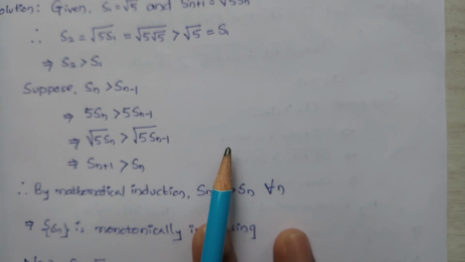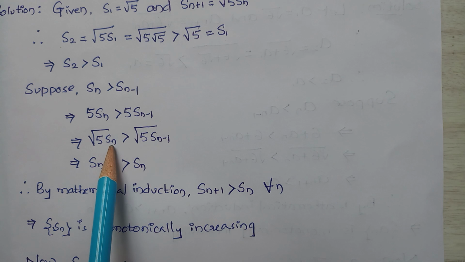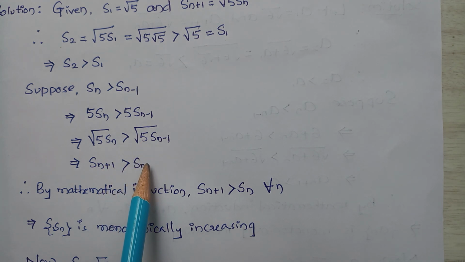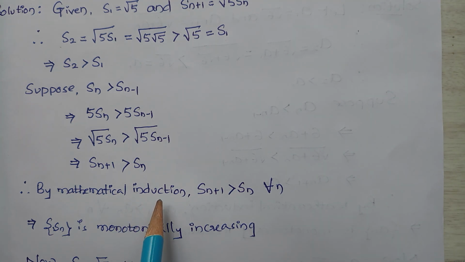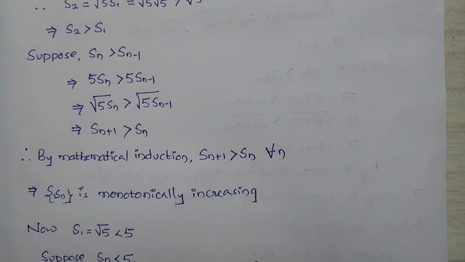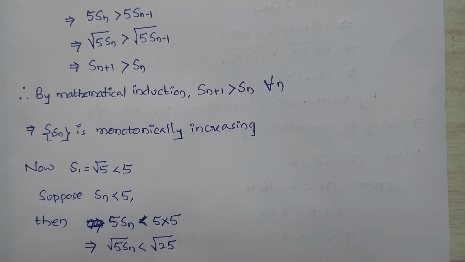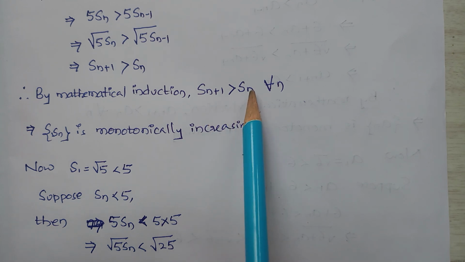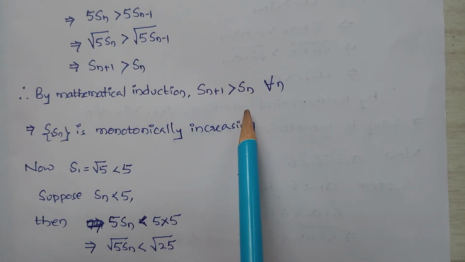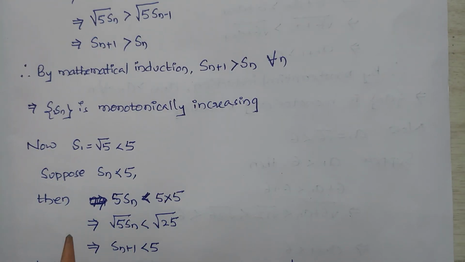So here root of phi Sn is Sn plus 1 and this one is Sn. Therefore by mathematical induction the result holds good: Sn plus 1 is greater than Sn for all n. Therefore the sequence Sn is monotonically increasing, because it satisfies the definition of a monotonically increasing sequence.